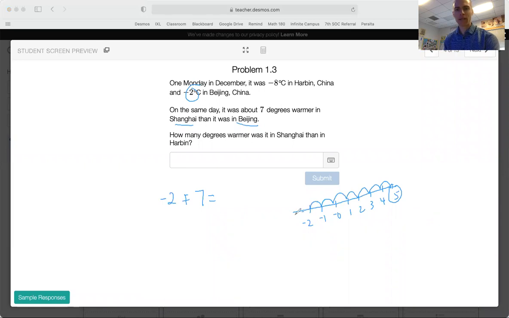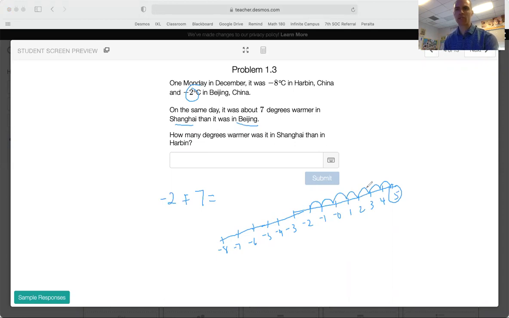If we continue this number line over to the left so that we can get the temperature in Harbin on here, which is -8, so there's -3, -4, -5, -6, -7, and -8. Now we can just continue our bump counting all the way from 5 to -8, or from -5 to 8.